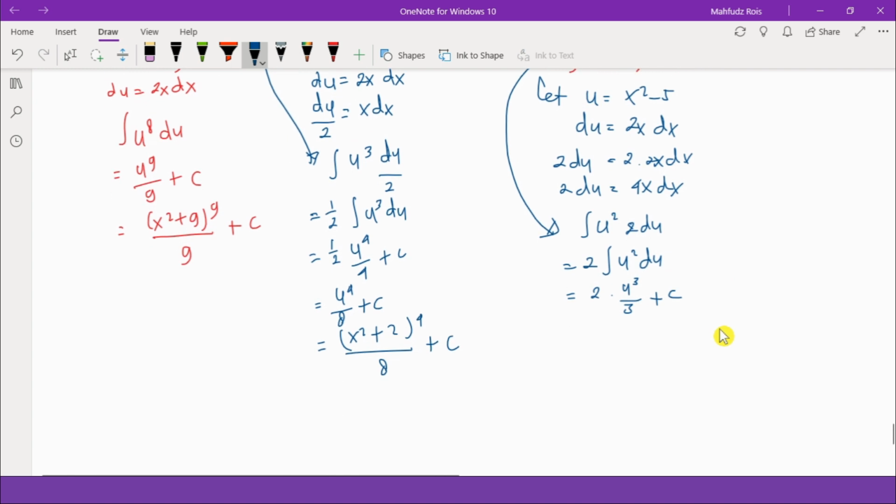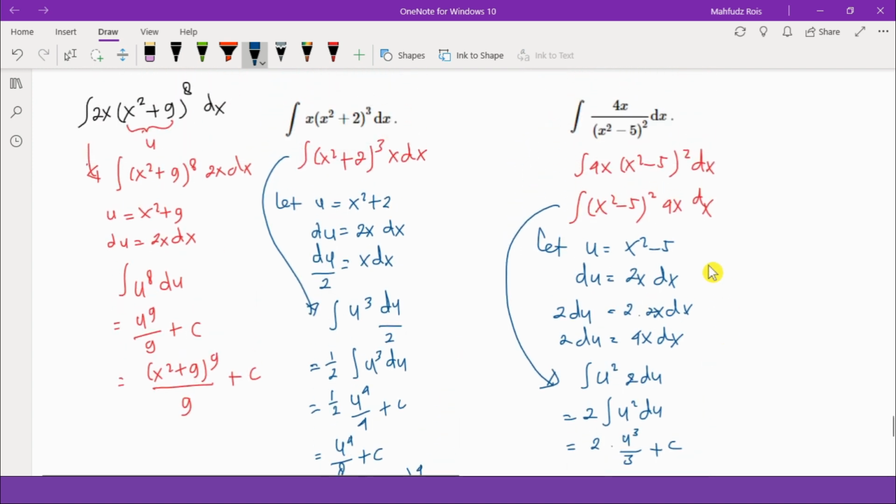So it will be 2 over 3 times, u here is x squared minus 5, cubed, plus c. Okay, so this is the next example, another example of how to use substitution. All right, thank you.